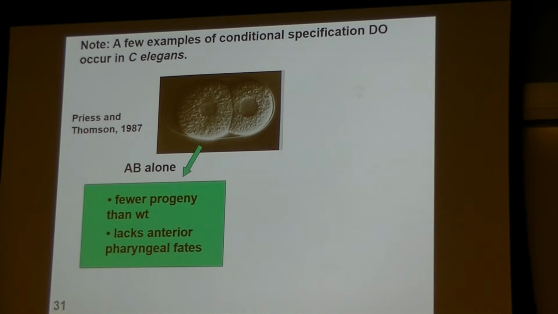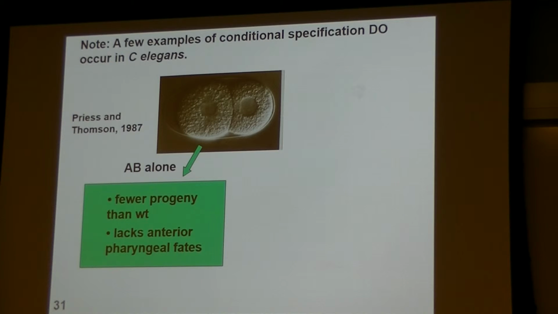So just as an example of this, there are a few cases in C. elegans, a very limited number, where we can see that some degree of conditional specification is at play. In this case, we're talking about the AB cell cultured alone. You actually get fewer progeny, and you're missing some cell fates, such as anterior pharynx fate.